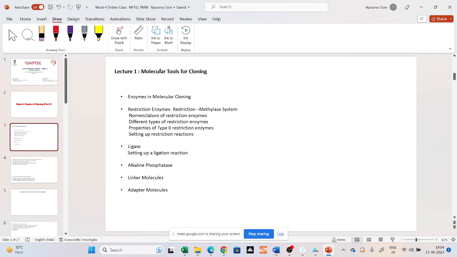We studied the enzymes used for molecular cloning: restriction enzymes, ligase, alkaline phosphatase, linker molecules, adapter molecules. In detail we discussed restriction enzymes, the restriction methylase system, nomenclature, the different types of restriction enzymes, the properties of type 2 restriction enzymes, and how to set up a restriction enzyme reaction.